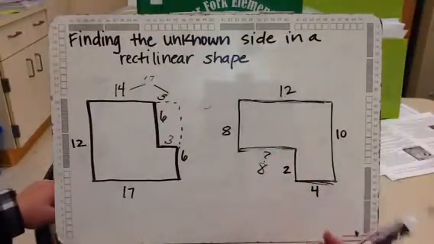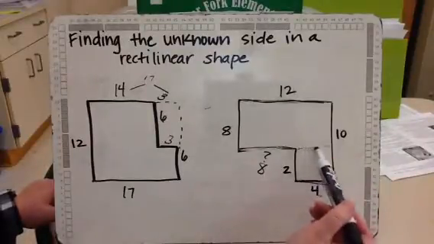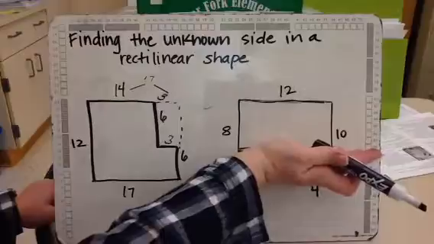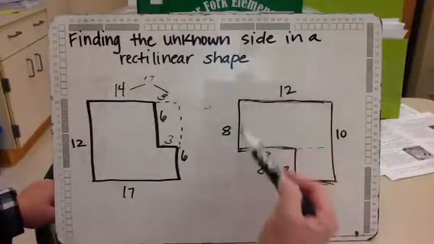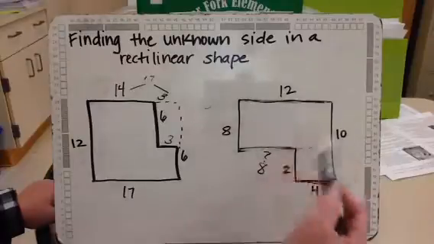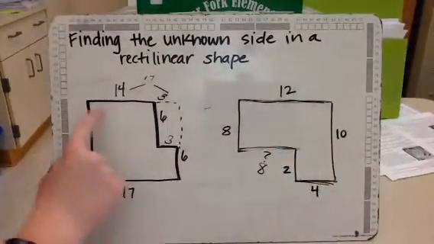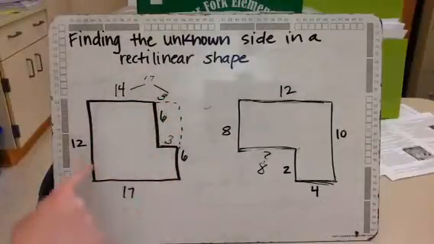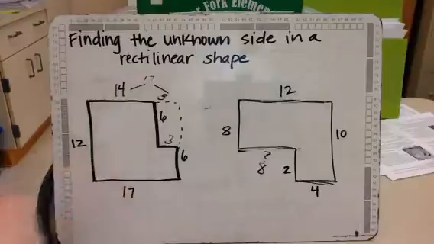You can also visualize it this way: if I bump this 4 up and pretend that it doesn't even exist, I know that this side would equal 12. So plus 4 equals 12. So that's really 3 strategies for you. You can make the whole rectilinear shape into a rectangle and use opposite sides to help you find a little equation.